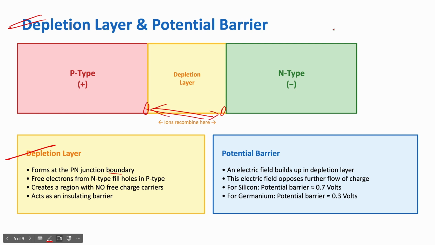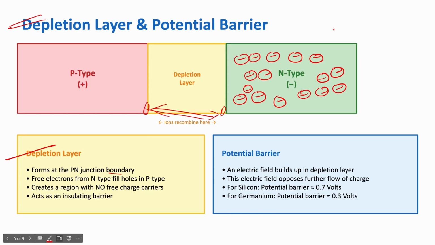Coming to the free electrons from the n-type filling holes in the p-type, it creates a region with no free charge carriers. So what will happen? Majority carriers are electrons, as we observe here in n-type. The full n-type material is filled with electrons.